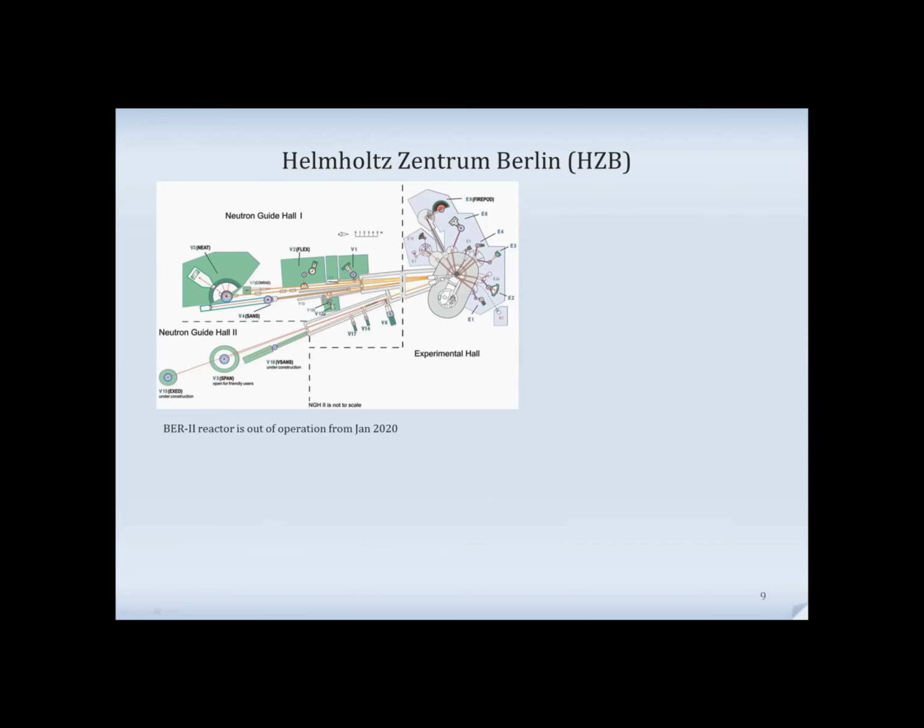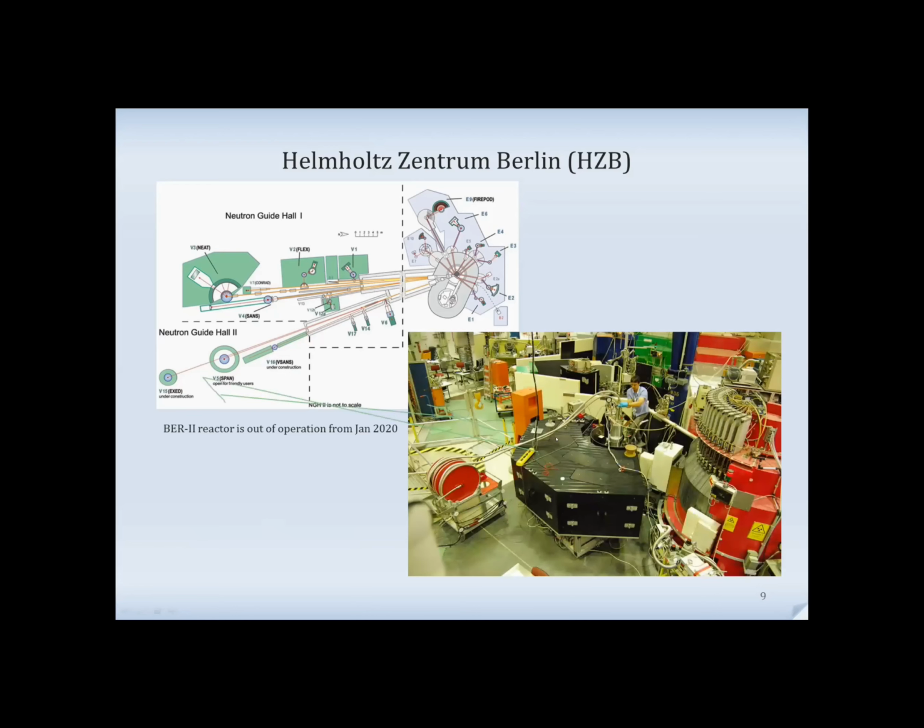And these instruments located in this hall operate with so-called cold neutrons, so low energy. And for diffraction, as I said, we have to operate with high energy neutrons, like the E9 instrument, and in real life it looks like this. This is a detector, and the sample is mounted somewhere here.